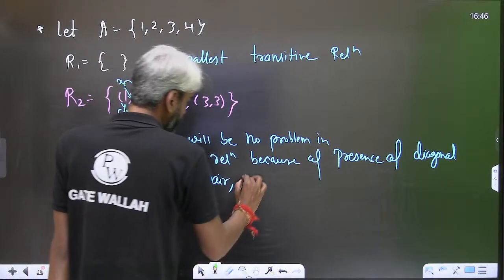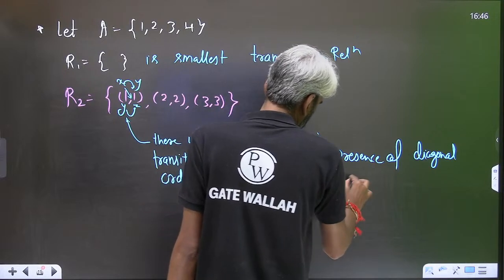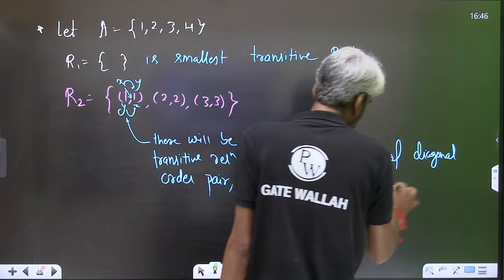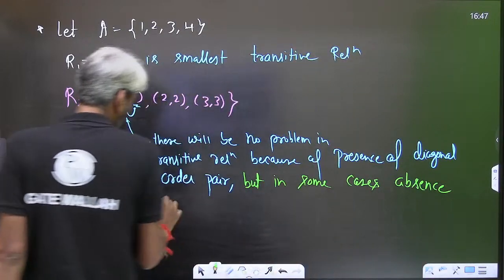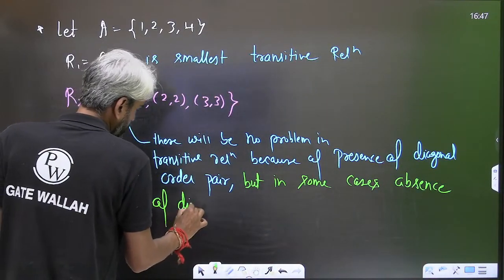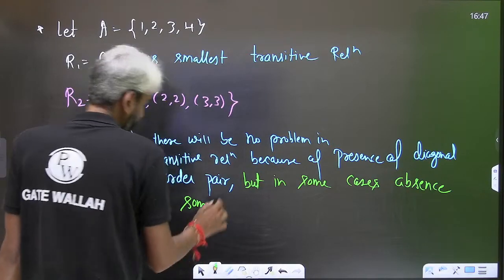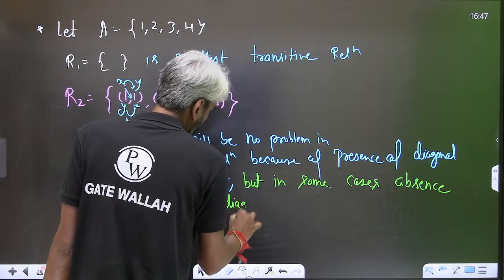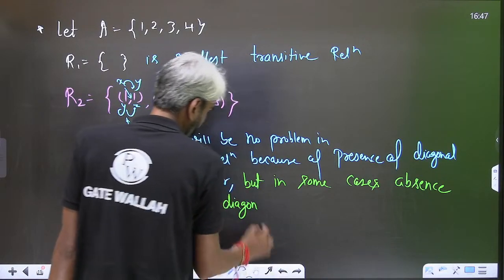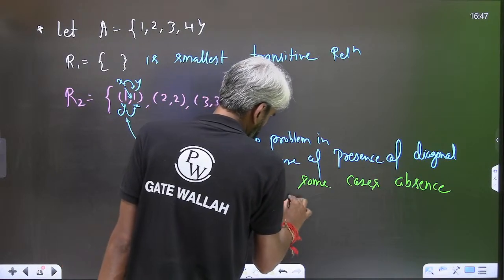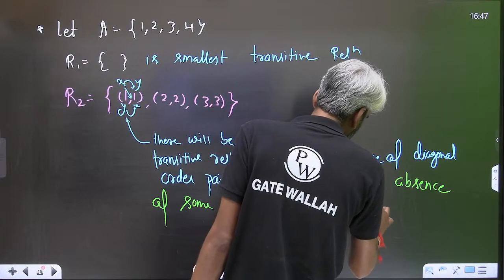But in some cases, because of the absence of some diagonal ordered pairs, there may be a problem.